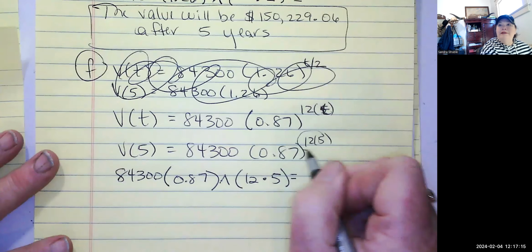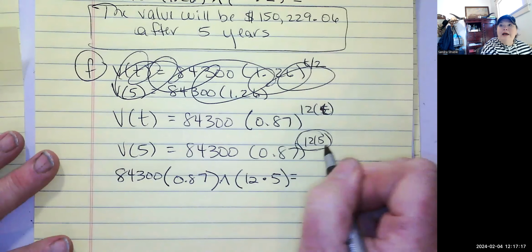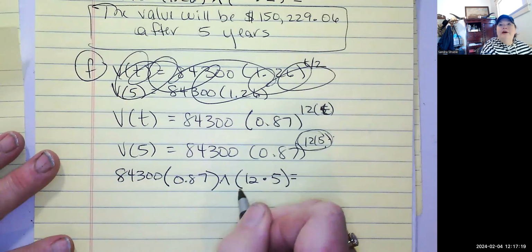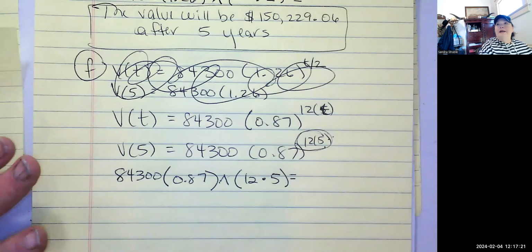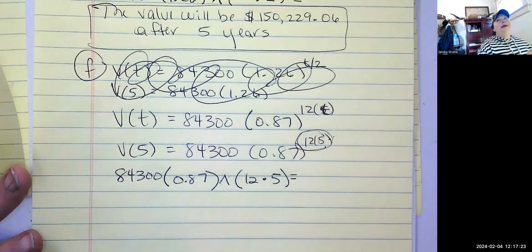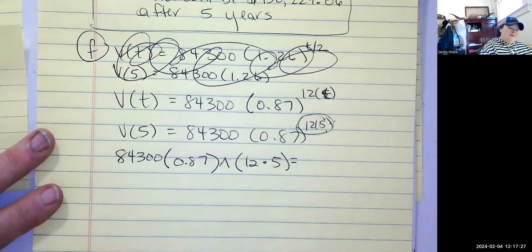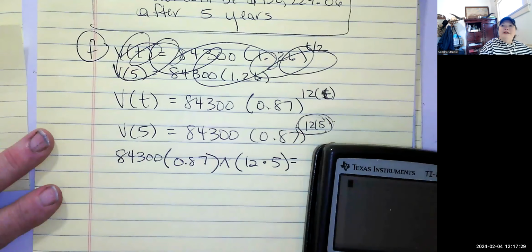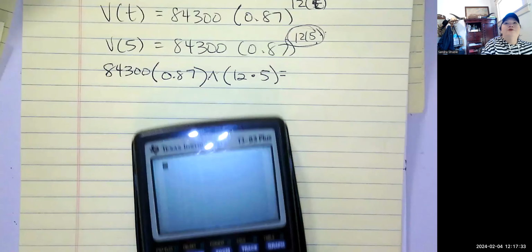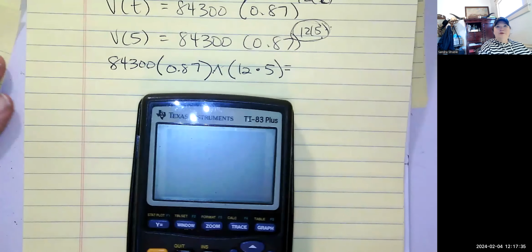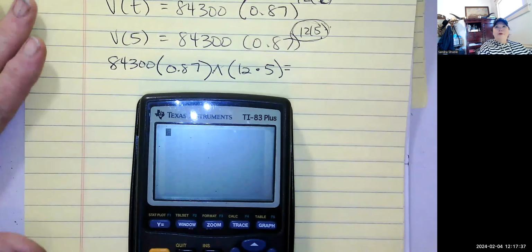Okay, that's what you're going to be doing. Could you have multiplied this first? Heck yeah. You could have just put 60 in here. But again, be careful with the mistakes. So I'm going to put it exactly as it is. I find that if you put it all in at once, y'all make fewer mistakes than if you do the piecemeals, especially if you're not comfortable with order of operations.